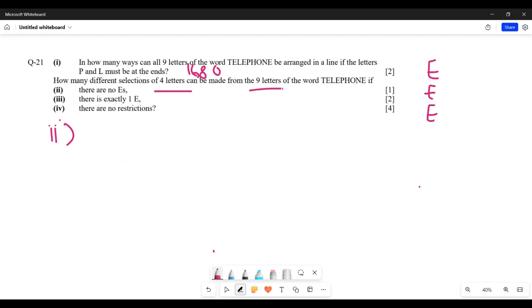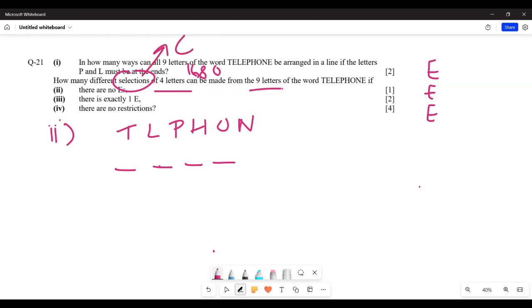So that means you have T, L, P, H, O, N. And out of these, 4 letters have to be selected. So selection is combination.